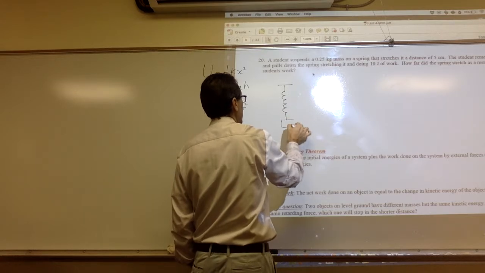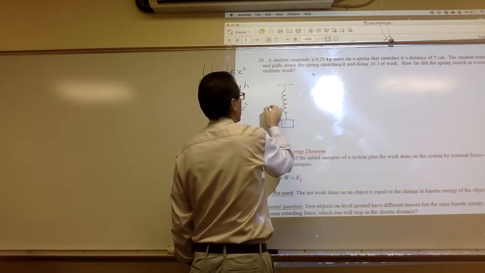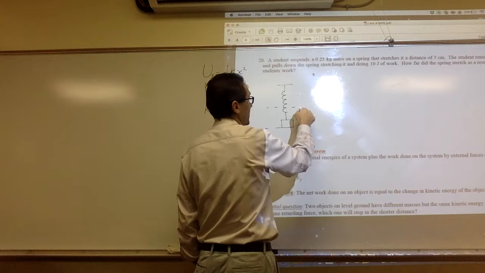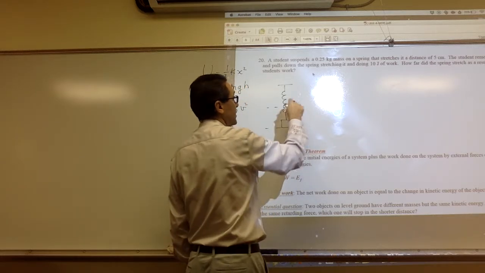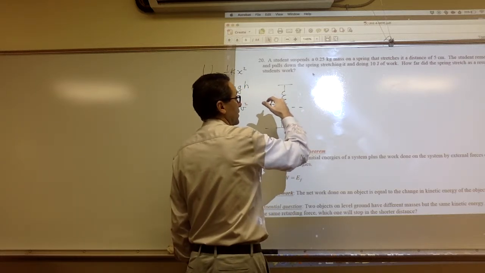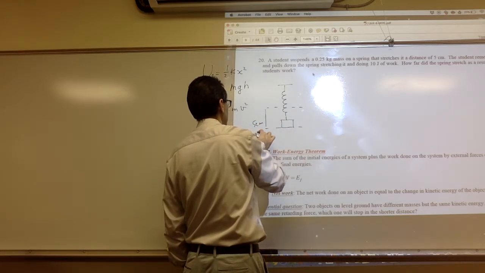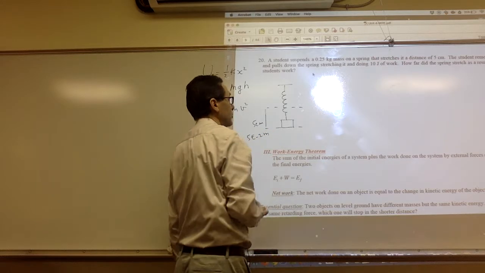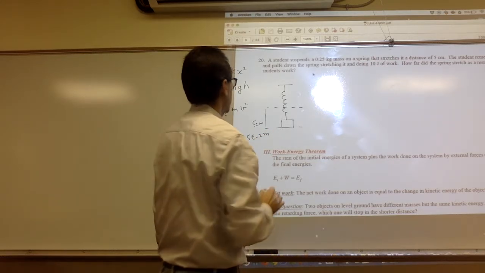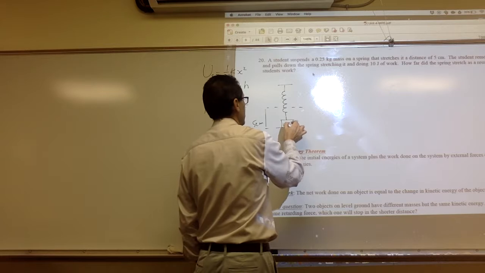So when they hang something on it, let's just say the first dotted line is the unstretched shape. It stretches by 5 centimeters, which translates to 5 times 10 to the negative 2 meters, or 0.05 meters. So this mass here is 0.25.